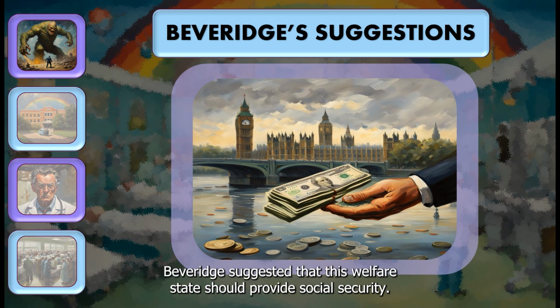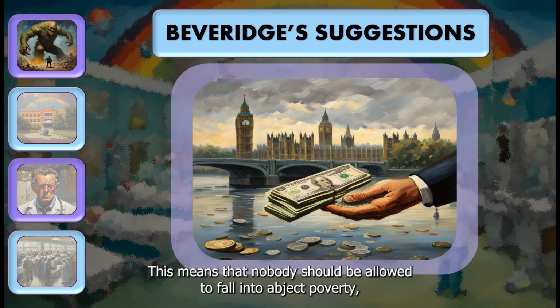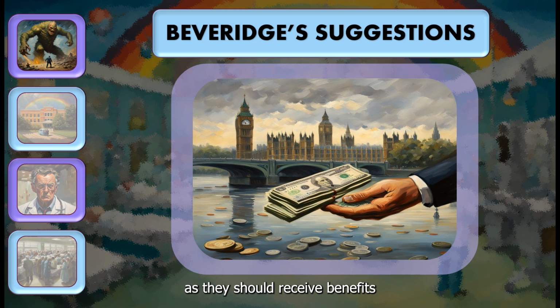Beveridge suggested that this welfare state should provide social security. This means that nobody should be allowed to fall into abject poverty, as they should receive benefits from the state to assist in housing and living costs. This includes a basic pension for the elderly so that they could retire with dignity.